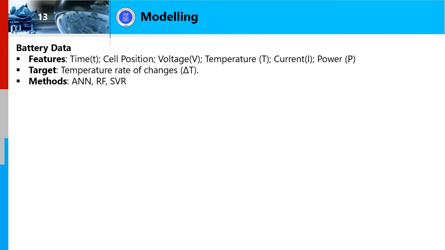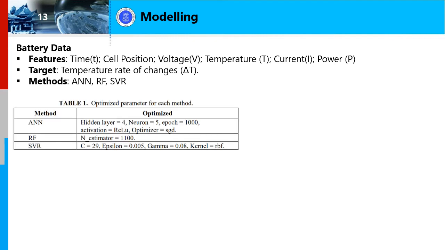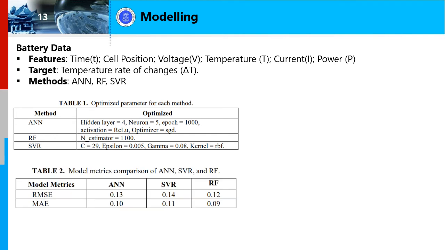We use three methods as mentioned earlier: ANN, RF, and SVR. We summarize the optimized parameters for the three methods, and compare the performance of each machine learning method using the model metrics RMSE and MAE.